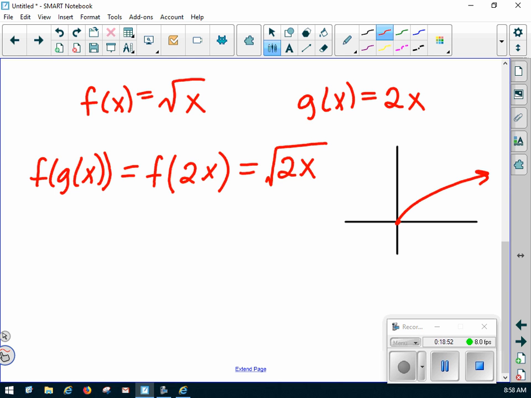It's a horizontal compression by a factor of 1/2. Horizontal shrink by a factor of a half. This starting place doesn't change though. What's the domain? 0 to infinity. Well done. Domain is 0 to infinity.